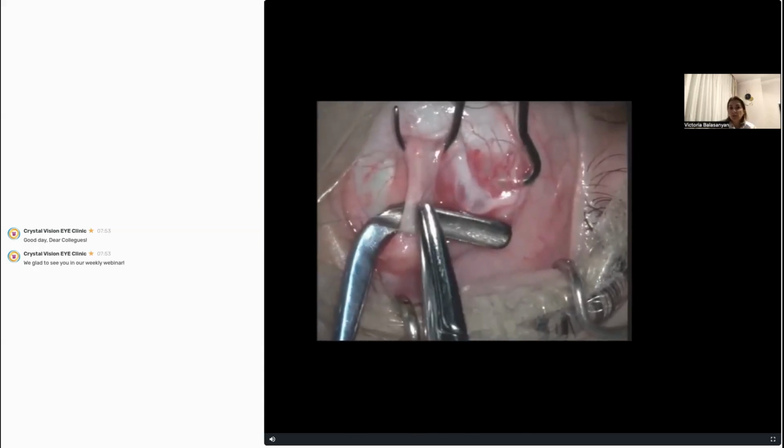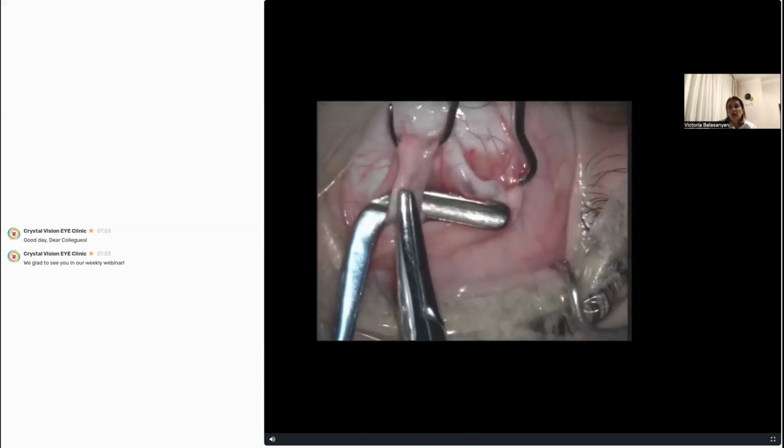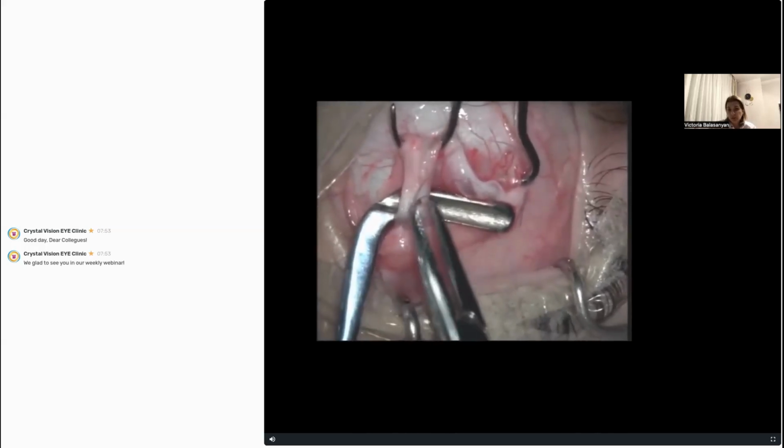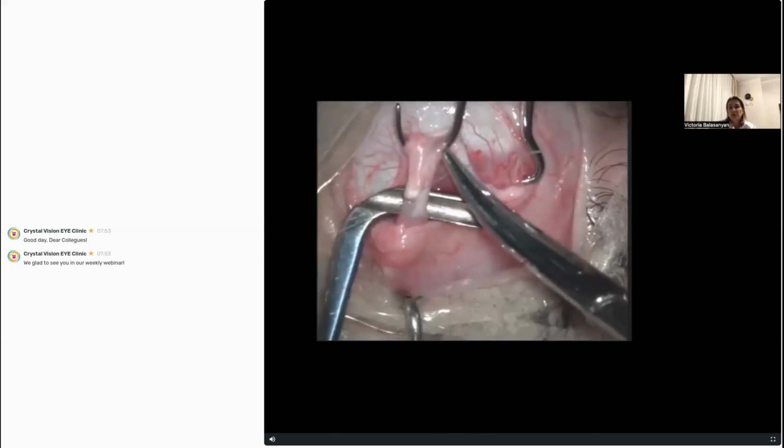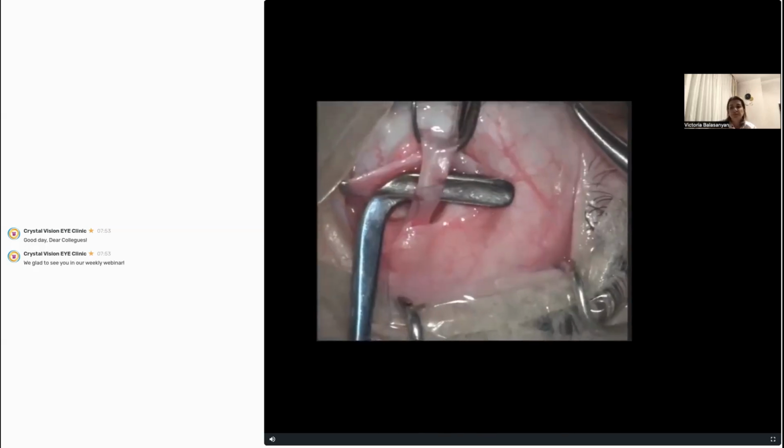We also use a muscle hook with a groove, which helps us avoid damage to the sclera and surrounding tissues.